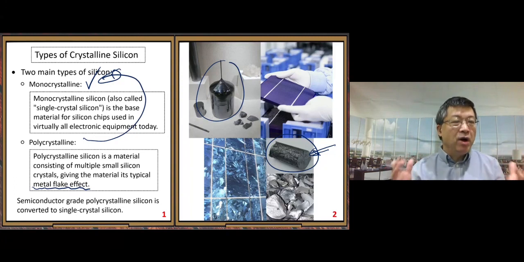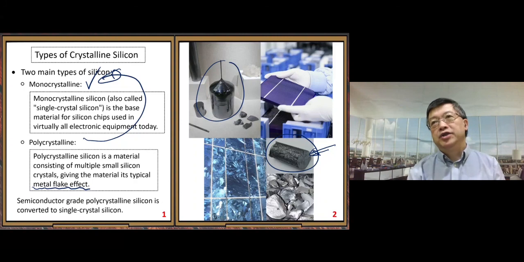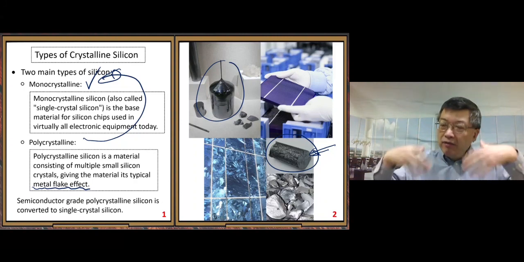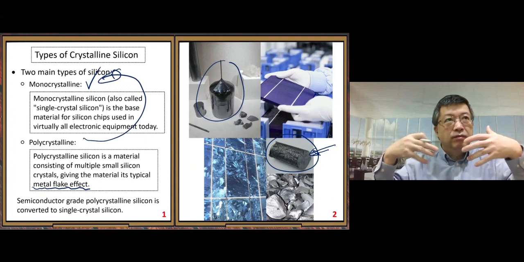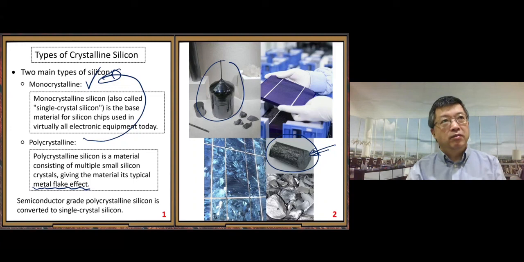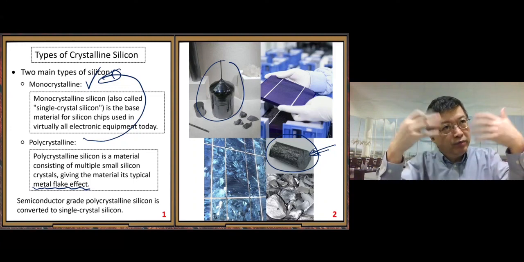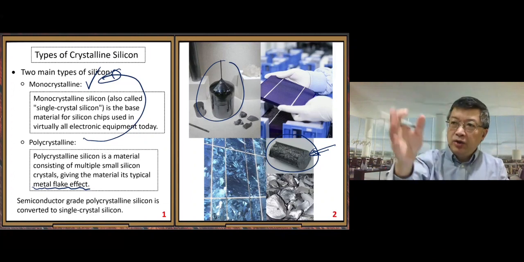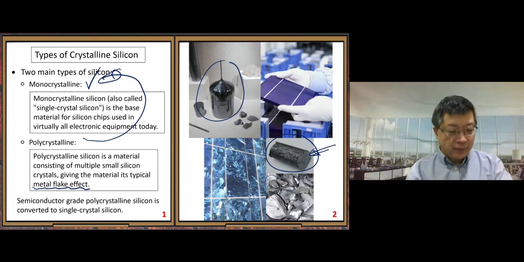We still use polycrystalline silicon, but we need to do some further processing, improvement, manufacturing procedure steps to make it monocrystalline silicon.